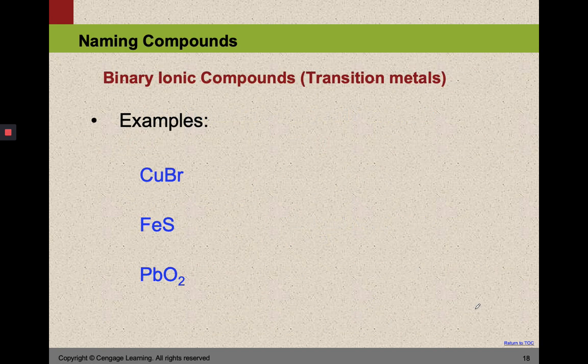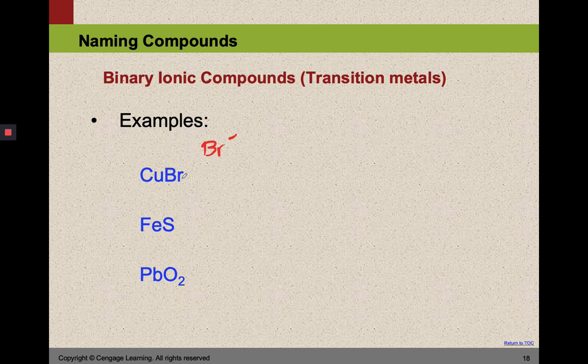So here are a few examples. Copper and bromine paired together. One key in naming is to think about whether the metal can form a cation with a variable charge. We know very well that copper is placed in the d block, so it's a transition metal. So we must dissect. There is no subscript given, but what we should know is that bromine has a charge of -1, Br minus.